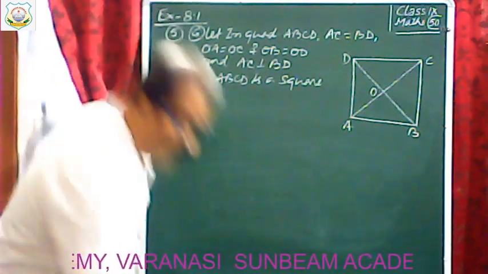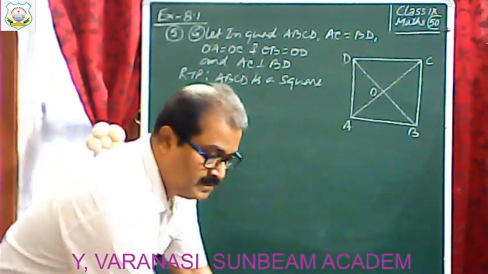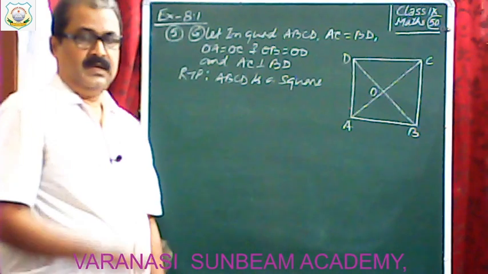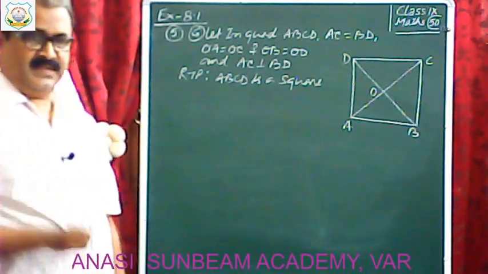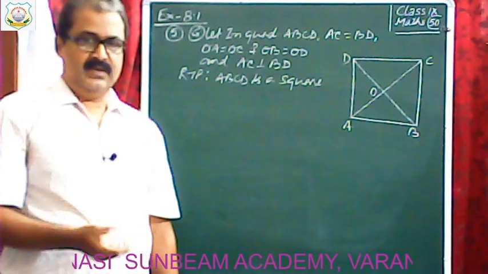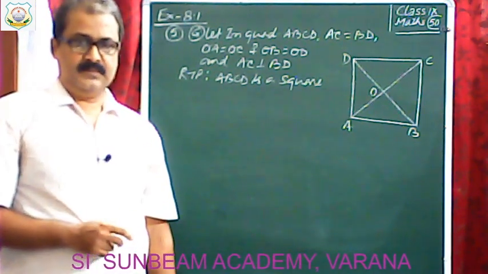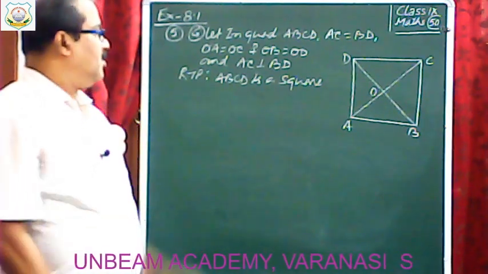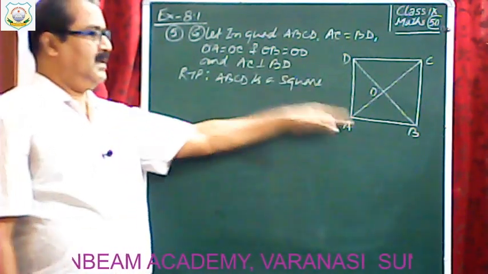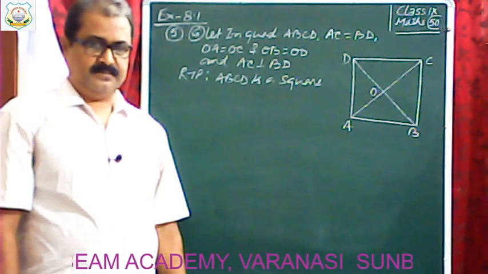So, first of all, diagonals bisect each other in a quadrilateral. In a quadrilateral, if diagonals bisect each other, then quadrilateral is a parallelogram. Theorem number 8.7 we have done in last class. So diagonals bisect each other, then ABCD is a parallelogram.